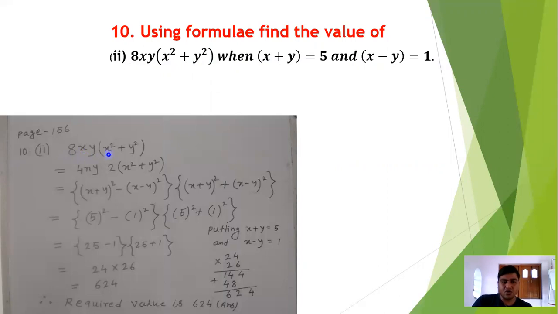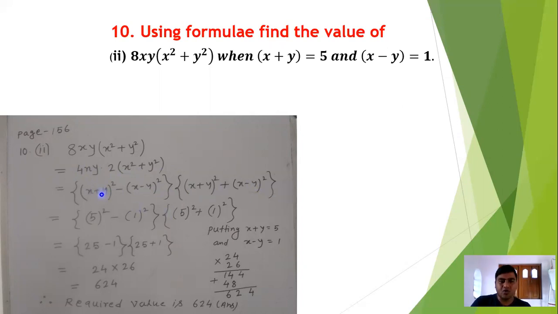So now 8xy into (x square plus y square) equals 8xy. Write it as 4xy into 2, into (x square plus y square). We know the formula of 4xy: (x plus y) whole square minus (x minus y) whole square, and the formula of 2 into (x square plus y square): (x plus y) whole square plus (x minus y) whole square.